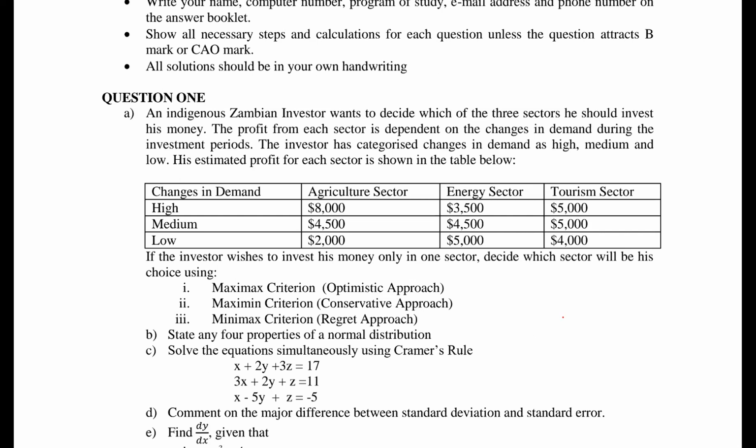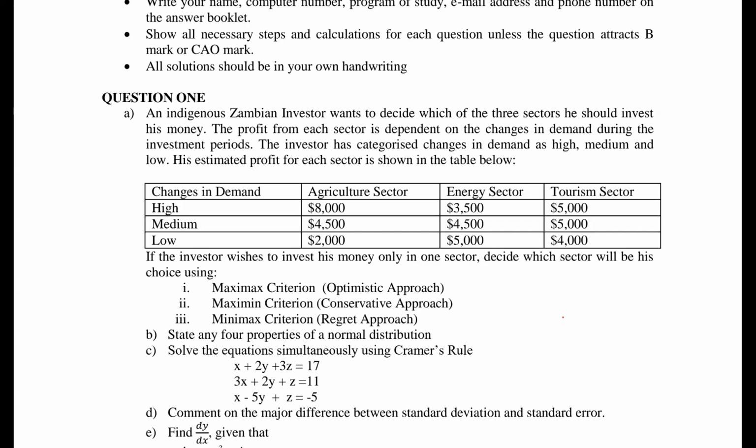The investor has categorized changes in demand as high, medium, and low. His estimated profit for each sector is shown in the table below. Okay, thank you very much.